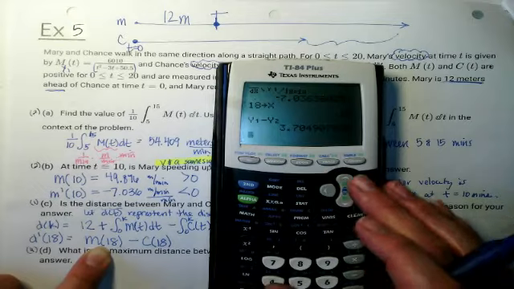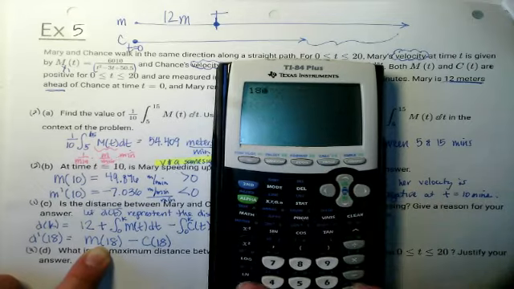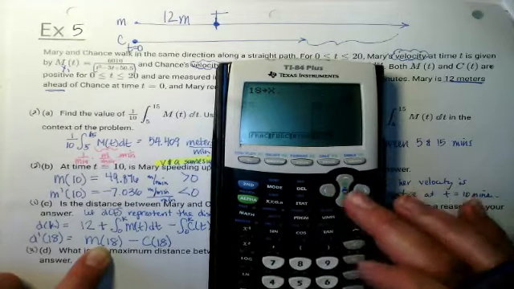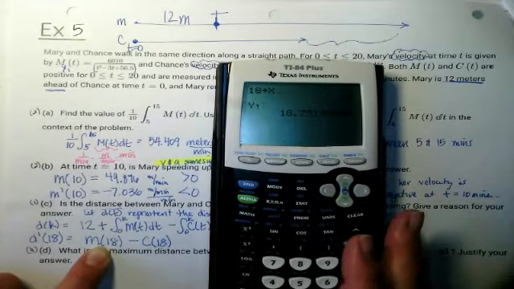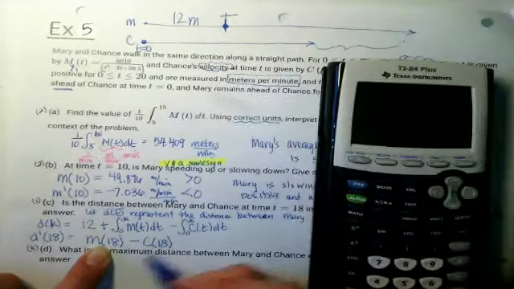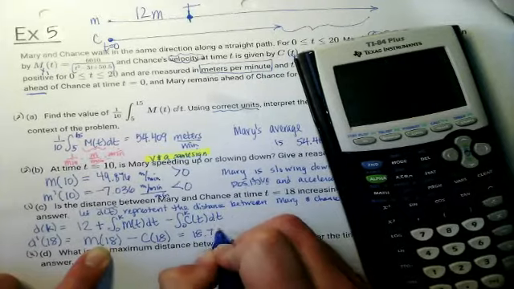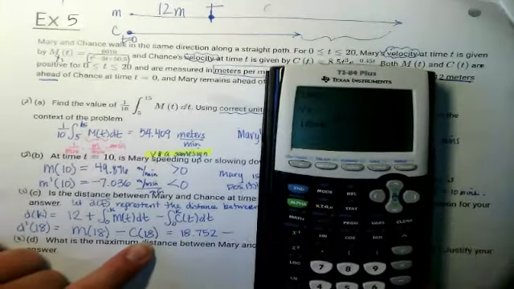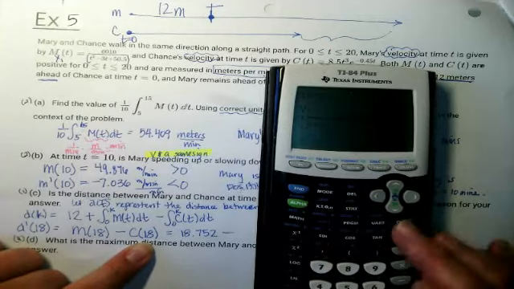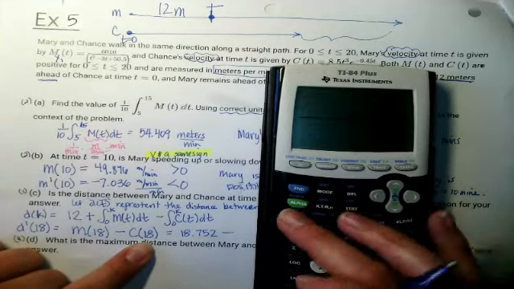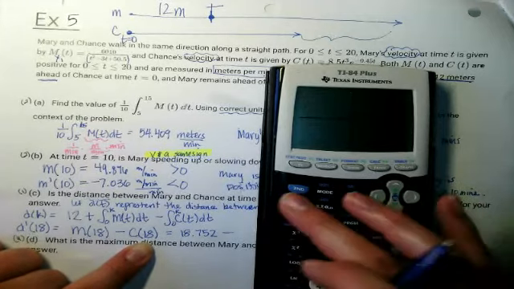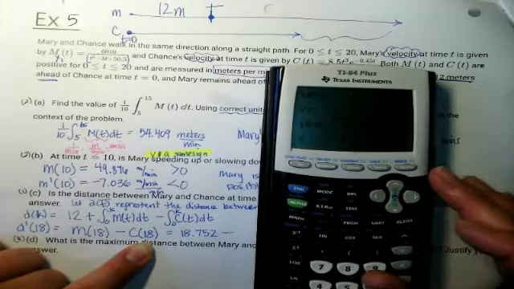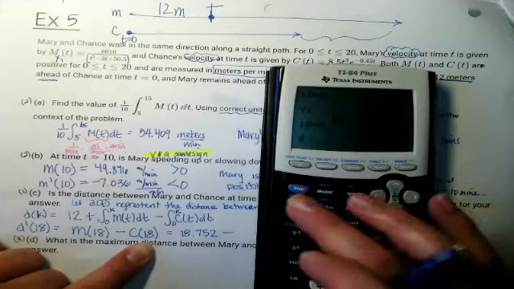Okay. Let's do it the long way. I'm going to just do y1, and I get 18.752. And I'm going to do the same thing and do y2. Whoops, that's not what I wanted to do. Sorry. Okay. I'm going to do y2.